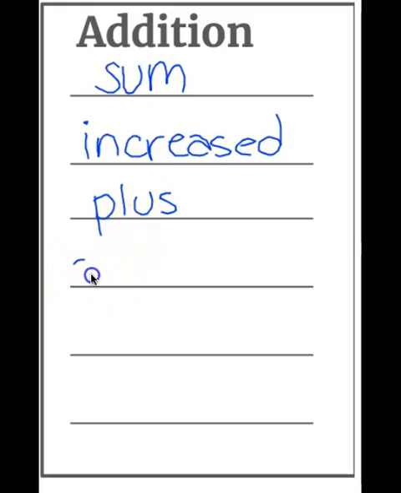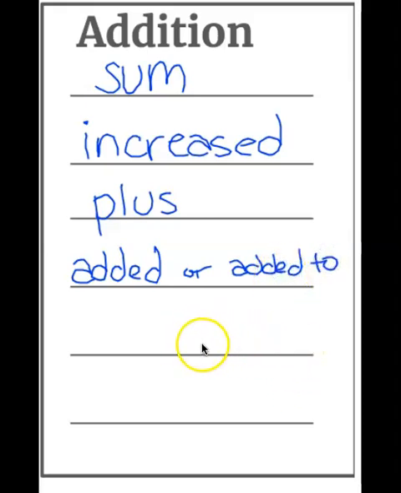We can also have added or added to. So if we had 5 added to 7, that would end up being 12, but we know we need to add because they use the word added to.